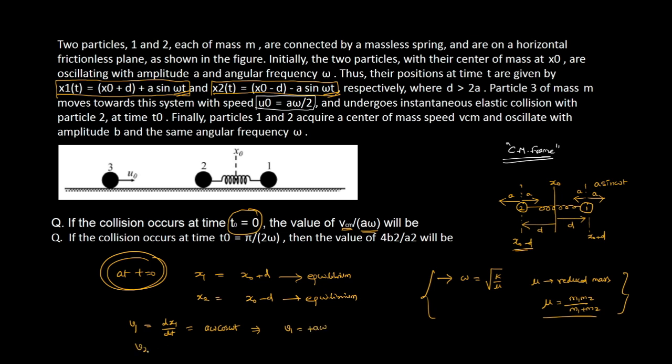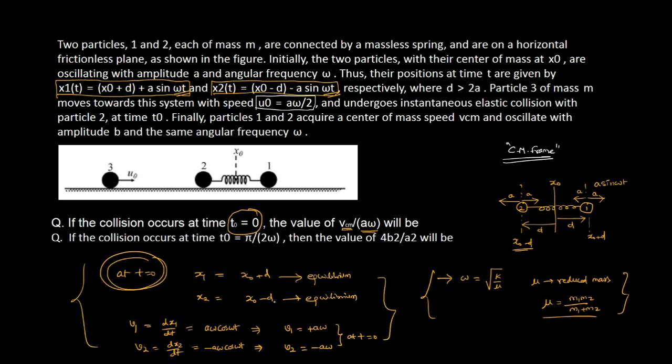Similarly, v2 is dx2 by dt. If you differentiate, the x0 and d derivatives are 0, so you get minus a omega cos omega t. At present there is no need to explain the derivative. Then the v2 value will be minus a omega at time t equal to 0. So at time t equal to 0, I can make a conclusion from all these things.